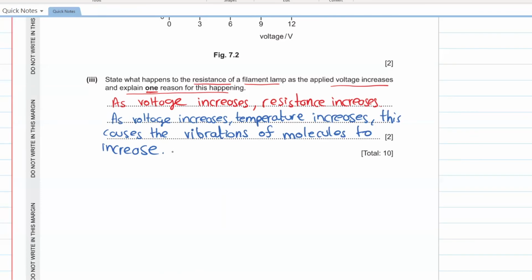And as the vibrations of molecules increase, what will happen? क्या होगा बेटा?